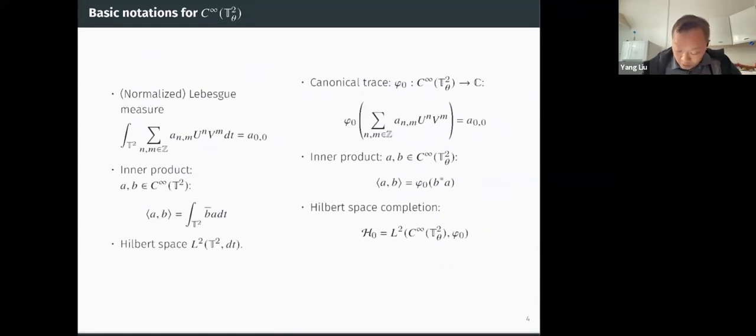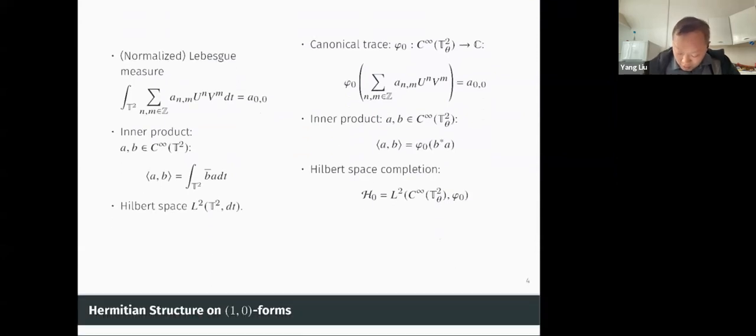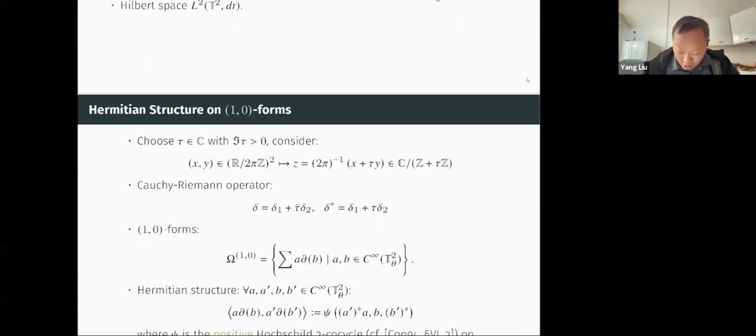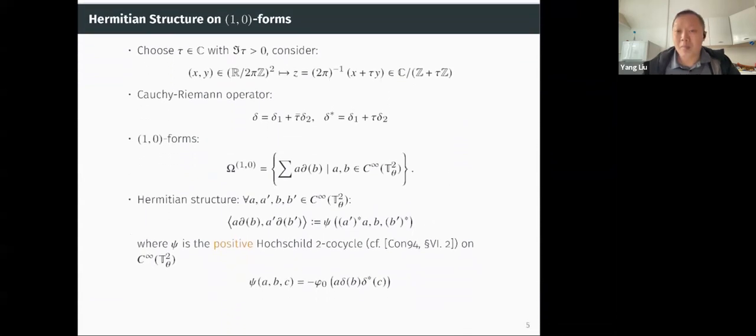When we build up the spectral triples, this is the degree 0 part of the Hilbert space. Now the degree 1 part. As Masu just mentioned, we are looking at the model of a double Laplacian, where the differential goes from functions to 0,1 forms.